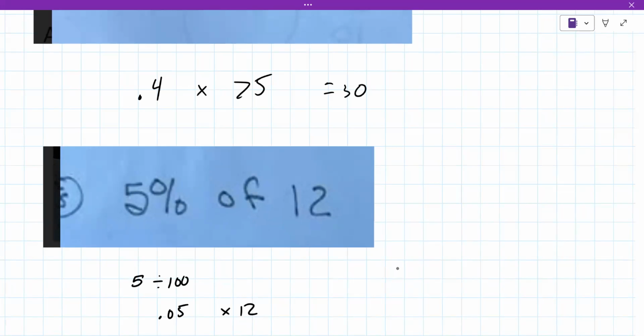So you just multiply. So it's 5 times 12, but then you have to move the decimal the appropriate amount, which is 2 decimal places. 0.60.